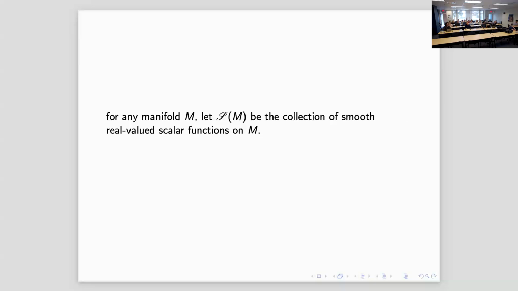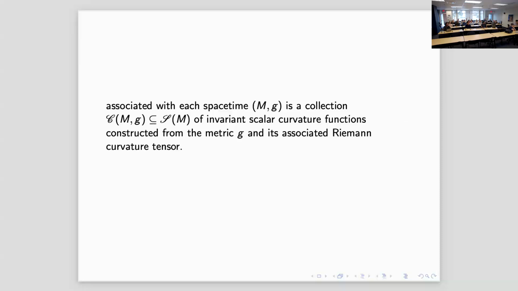I'm just thinking about a manifold and all the smooth functions on it. Now, associated with each spacetime (M, g) is a collection, C(M,g), which is a subset of S(M). This collection is the collection of invariant scalar curvature functions constructed from the metric g and its associated Riemann curvature tensor.